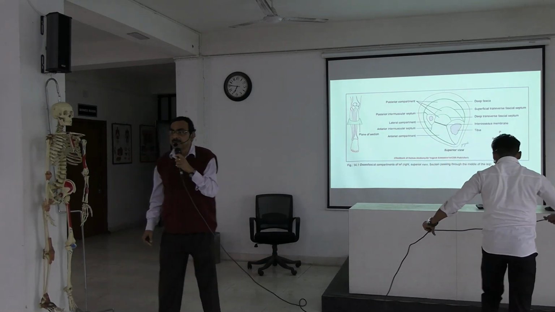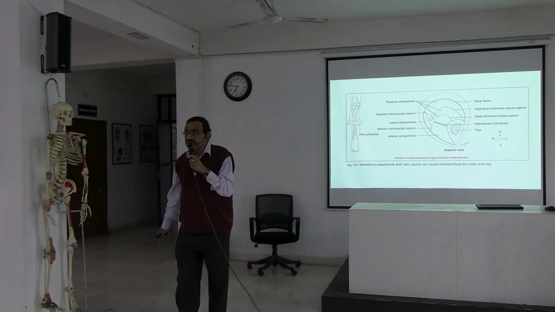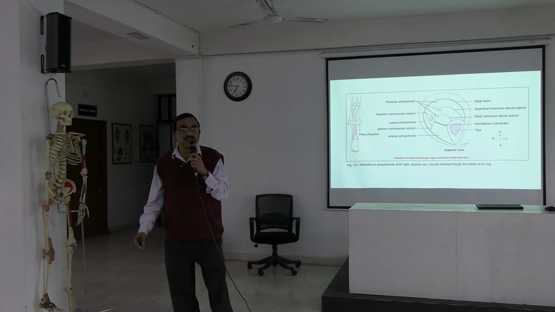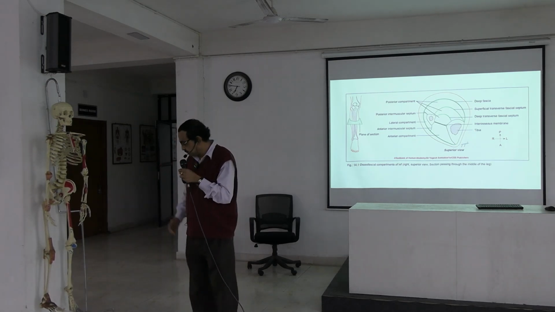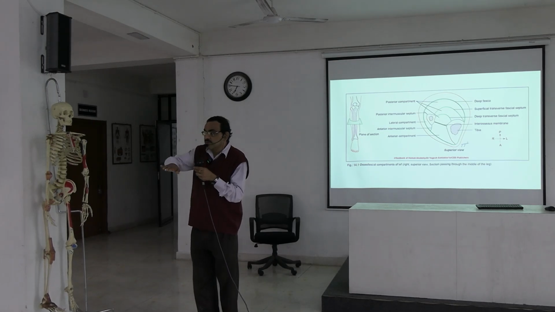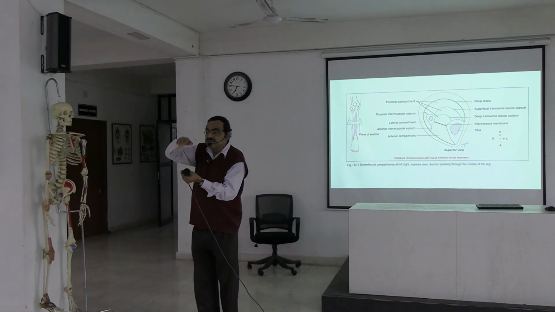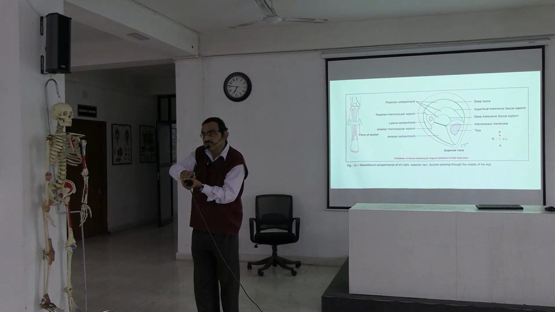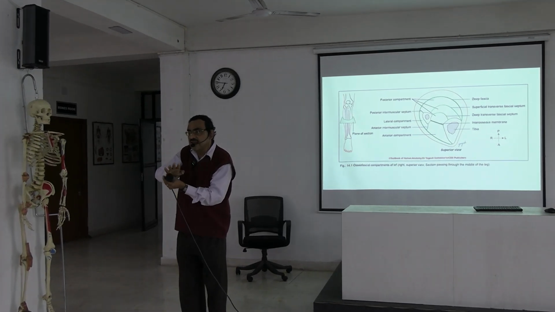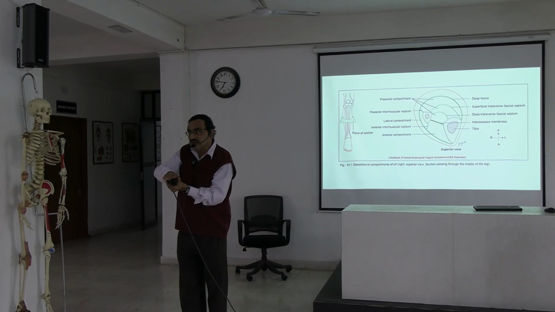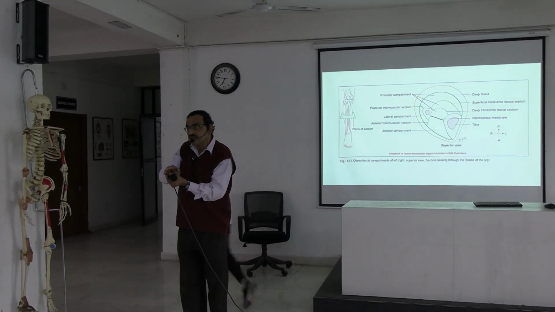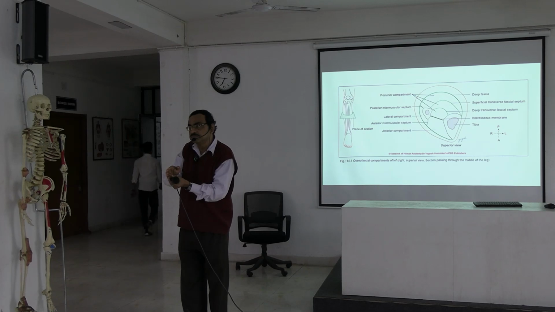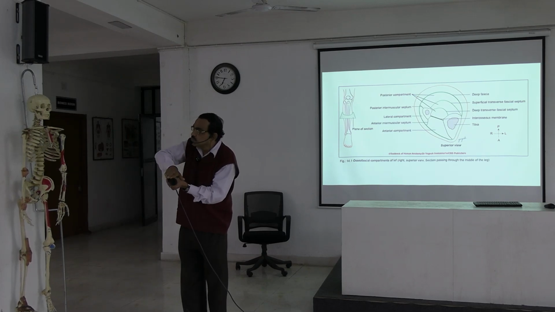Similarly, in the lateral compartment there are only two muscles. Just imagine this is the foot, resting over the ground. This is the medial border, this is the lateral border. There are some muscles which cause elevation of the medial border, and some which cause elevation of the lateral border.